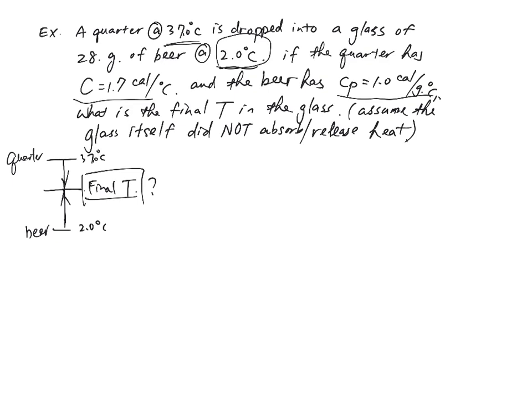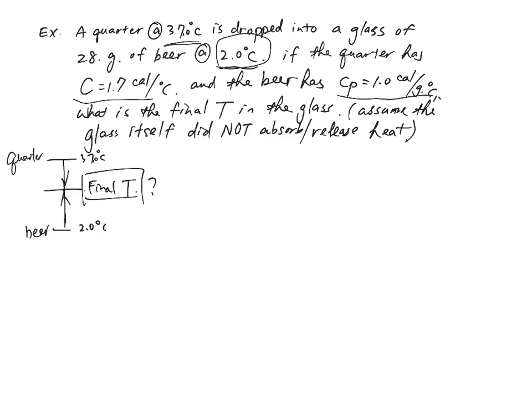How do we account for the quarter losing heat to the air? How do we see the beer cooling, absorbing heat from the environment or releasing heat to the environment? If you have all these uncertainties, then we can't do this calculation. So this has to be within an insulated system.